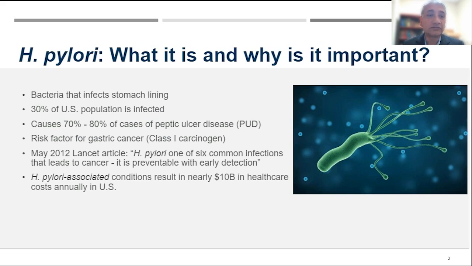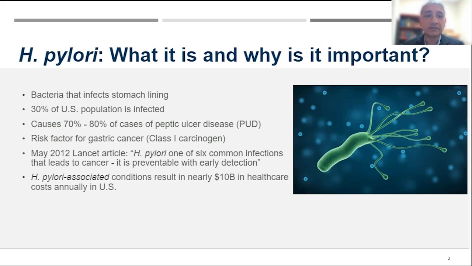And these can range from peptic ulcer disease, which includes gastric ulcers and duodenal ulcers, and for which in about 80% of cases, H. pylori is the cause, ranging all the way up to various types of cancers. Chronic inflammation can be a cause of cancer. It can lead to malignant transformation, and gastric adenocarcinoma has been found to be associated with H. pylori infection, as has malt lymphoma.